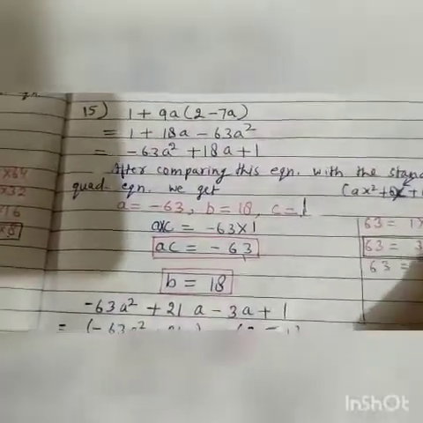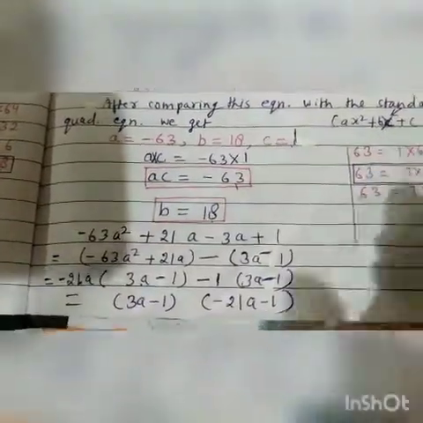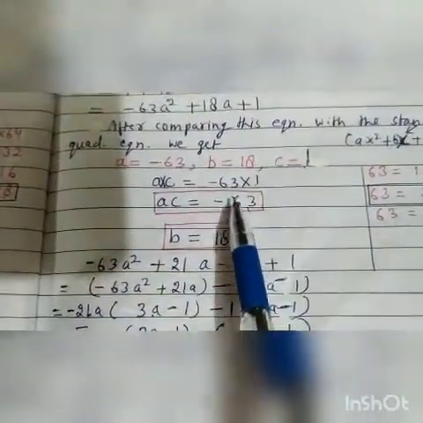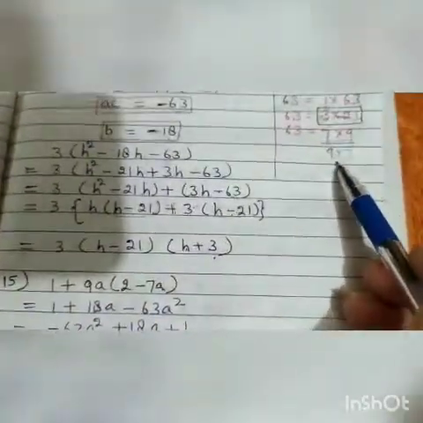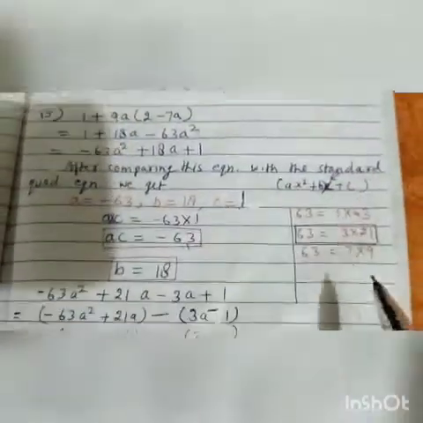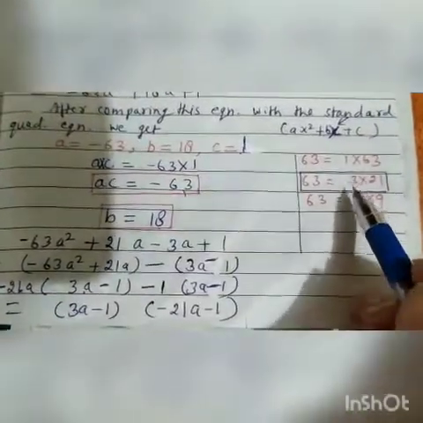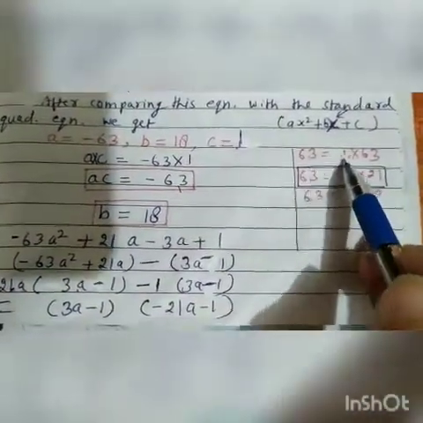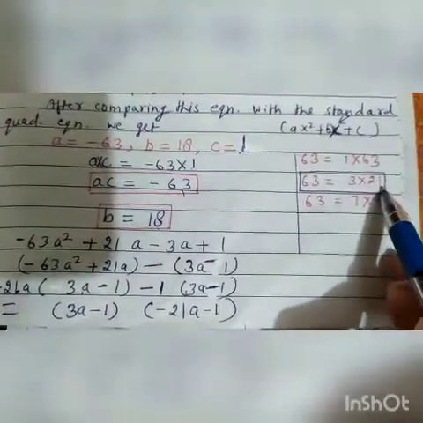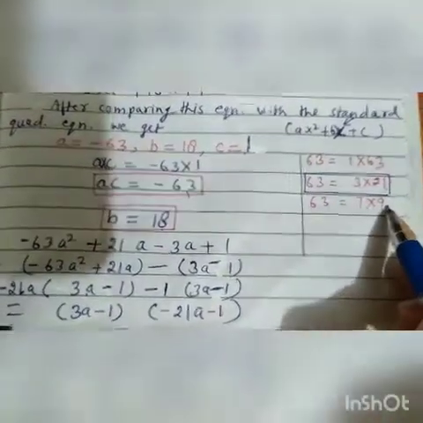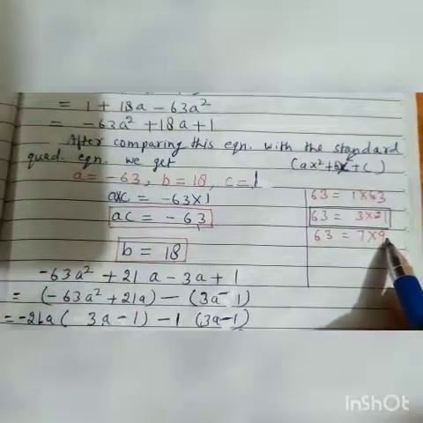Now what we will do, we will factorize the value of ac, that is 63. Again here also, as in the previous question, we factorized 63, here also we will factorize 63. So same factors, 63 is equal to 1 into 63, 63 is equal to 3 into 21, 63 is equal to 7 into 9. Again see both the same.